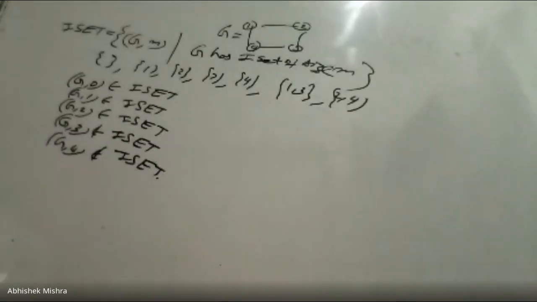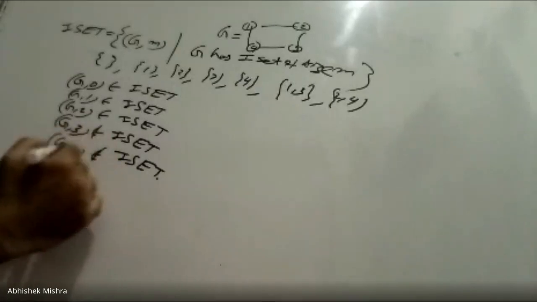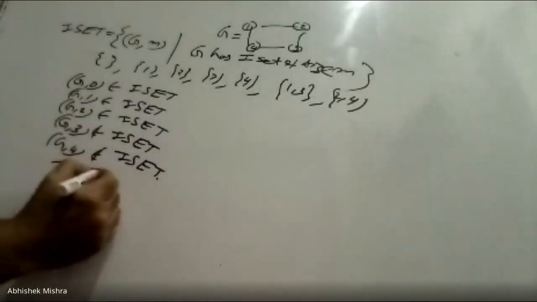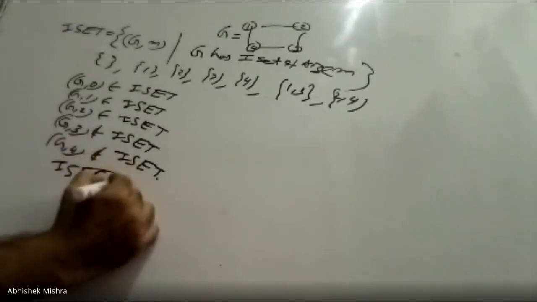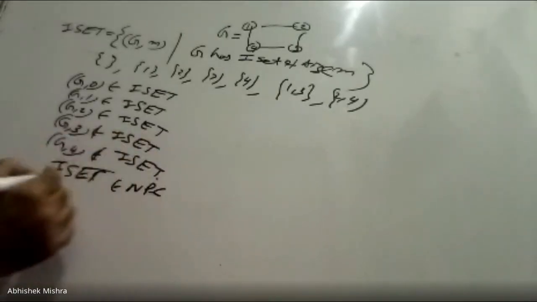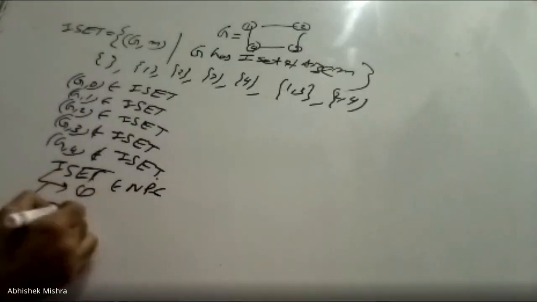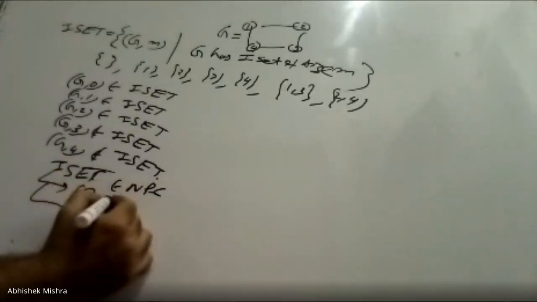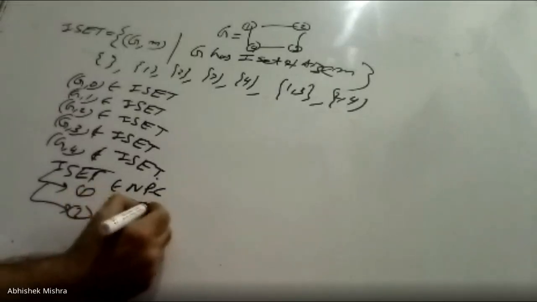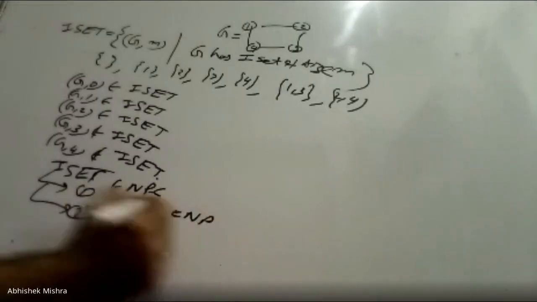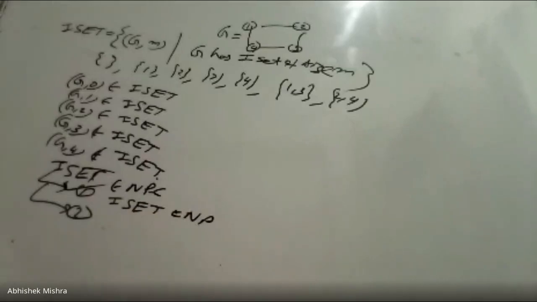So now we'll prove that independent set is NP complete. Again, two things we have to prove. First, we have to prove that independent set is in NP. This we have already done in a previous lecture.